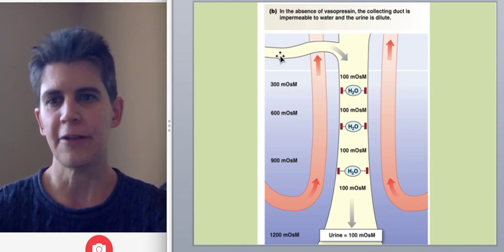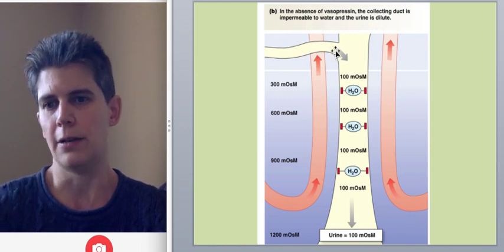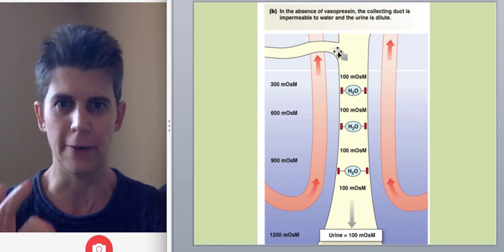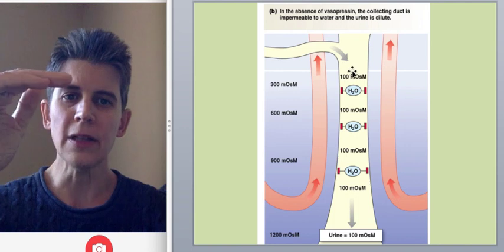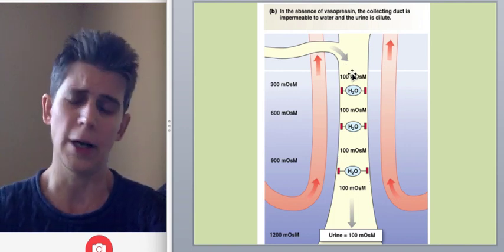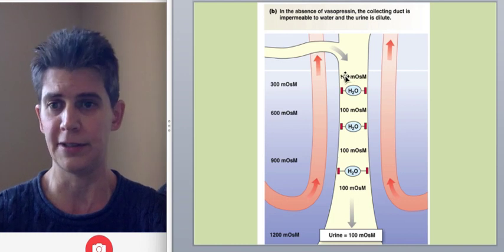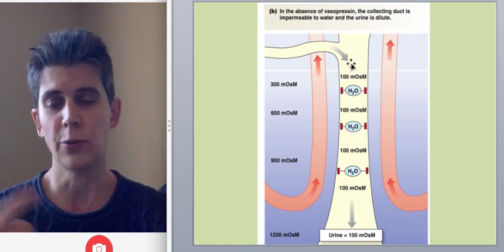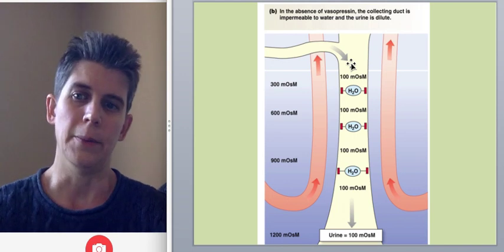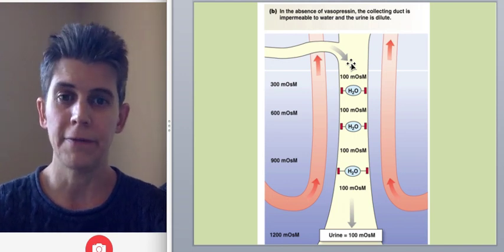So as the fluid comes out of the distal convoluted tubule, whose function we're not really talking about here, it's quite dilute. In fact, it's even more dilute than when it came out of the proximal convoluted tubule. It's sometimes as low, as shown here, as 100 milliosmolar. So it's actually more dilute than the blood itself.